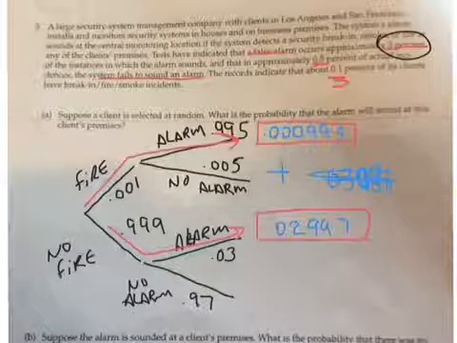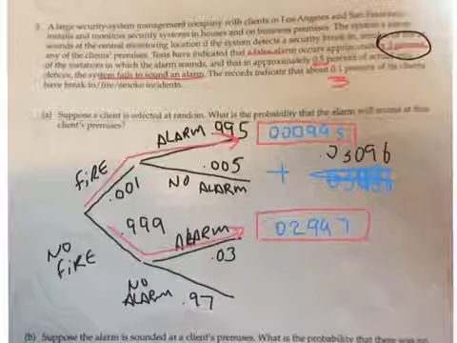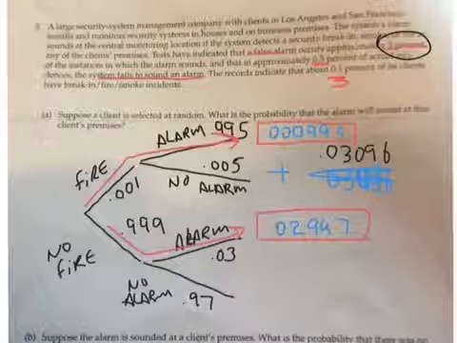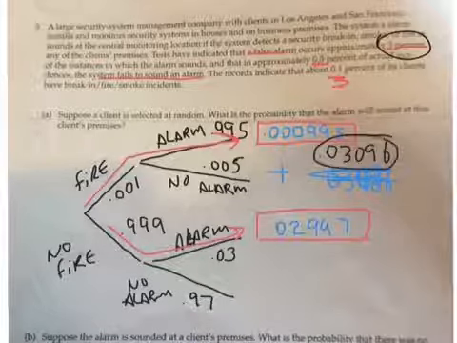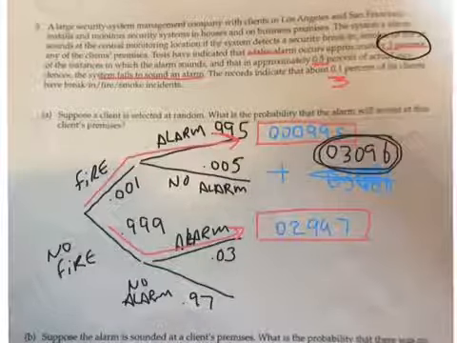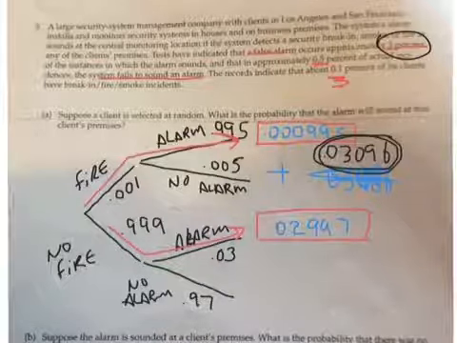Dang it. Let me write that over again. 0.03096. So approximately, what do we have? So right there, that's our answer. If we get a person at random, approximately a 3% chance, 3.1% chance that they have an alarm go off.